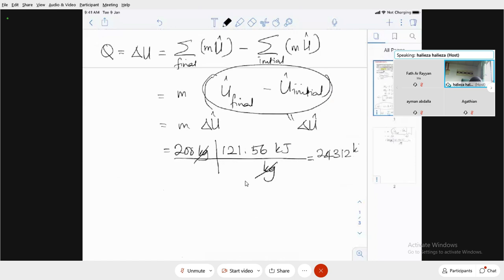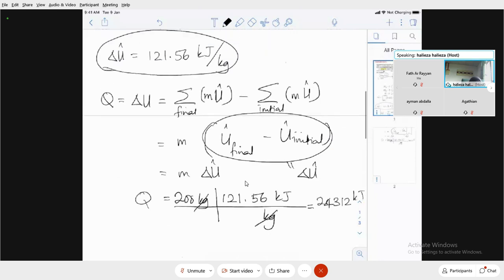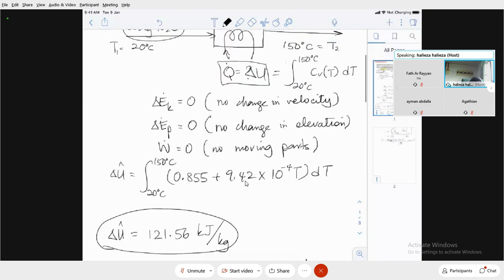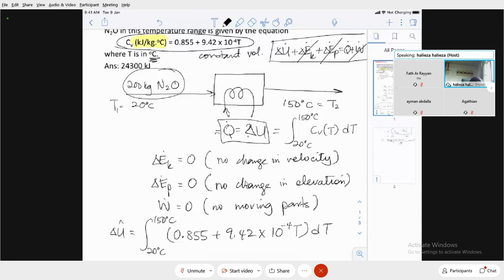That's how you get your final heat. When you heat up 200 kilogram of that nitric oxide from 20 degrees C to 150 degrees C, it's going to be 24,312 kilojoules. This is easy.